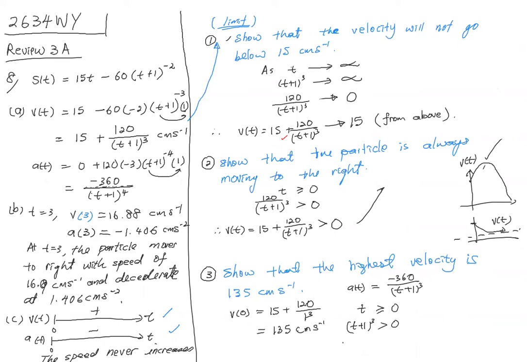So therefore, my AT is a negative number divided by a positive number, less than 0. So I will say that therefore, the velocity is always decreasing. So I conclude.